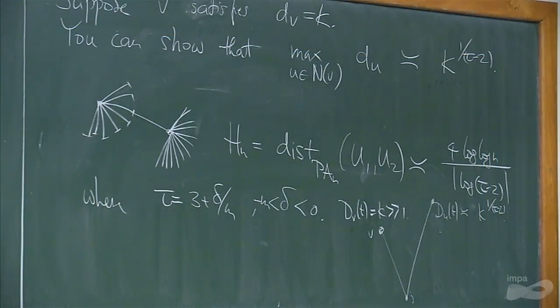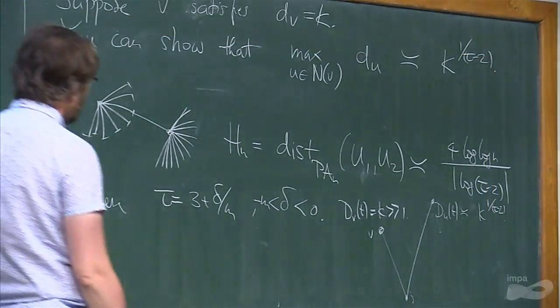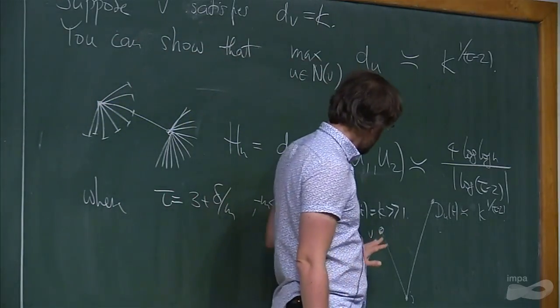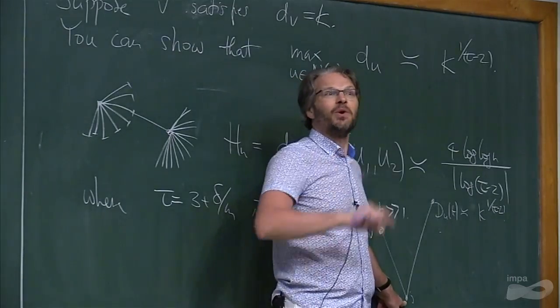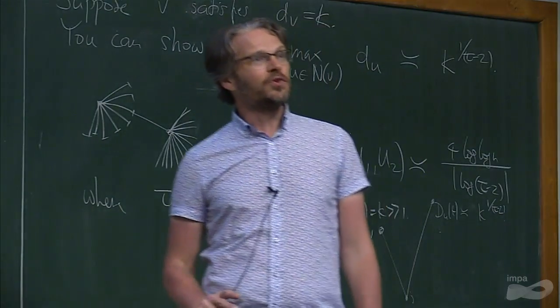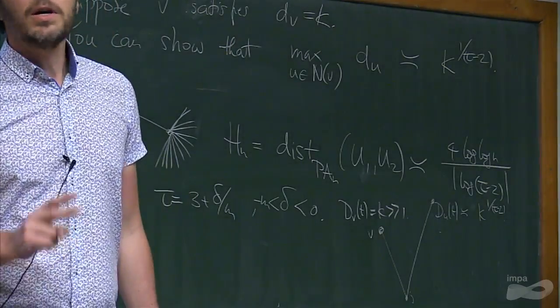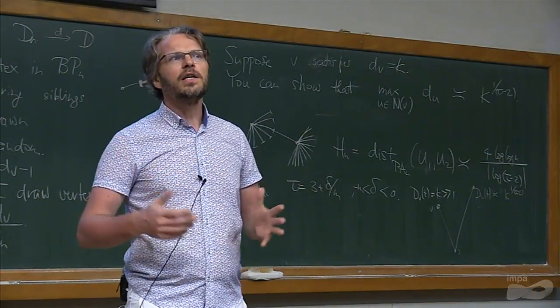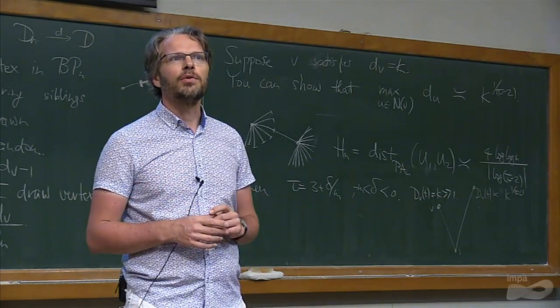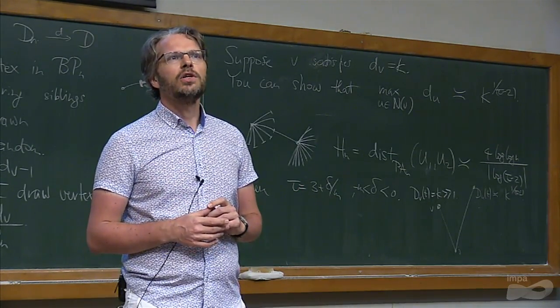Very good point. m is at least 2. First of all, because you need these two edges to connect the 2 points. Secondly, because the result is false when m is 1. For m equal to 1, you have a tree, and distances in such a tree are typically logarithmic. They can certainly not be smaller.